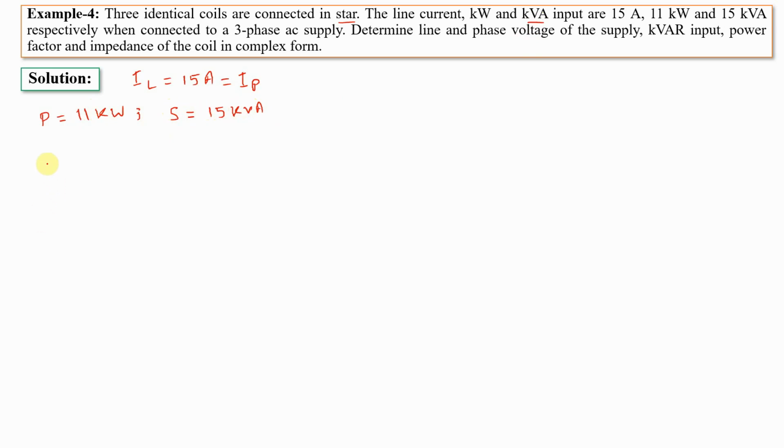Now we know that S is equal to root 3 VL into IL, or we can write VL is equal to S upon root 3 into IL. Here S is 15 kVA, so it will be converted to VA.